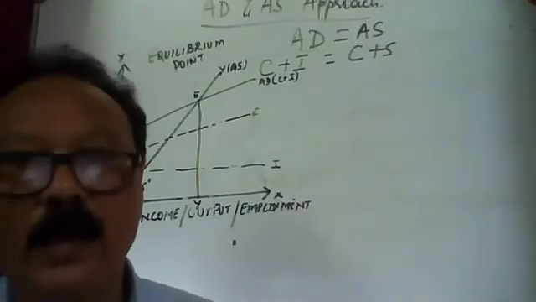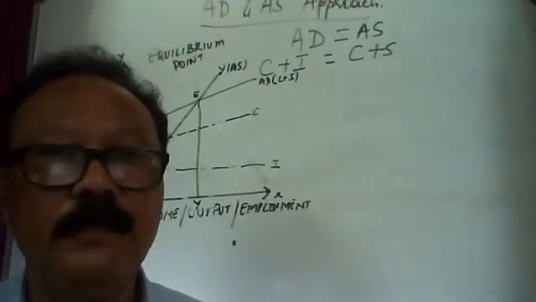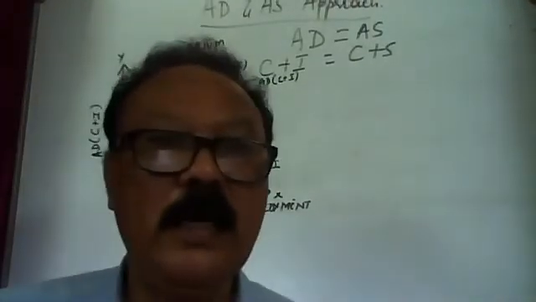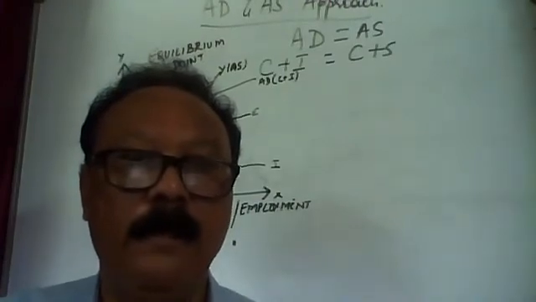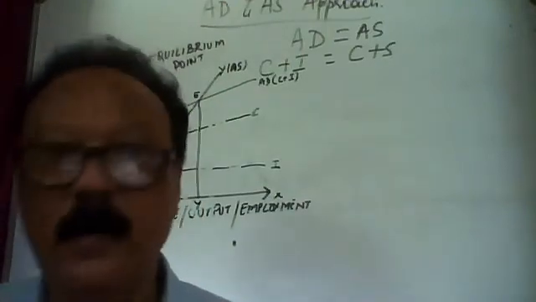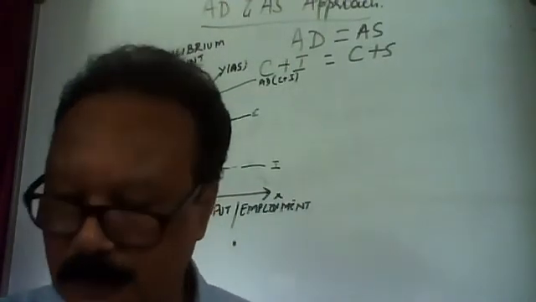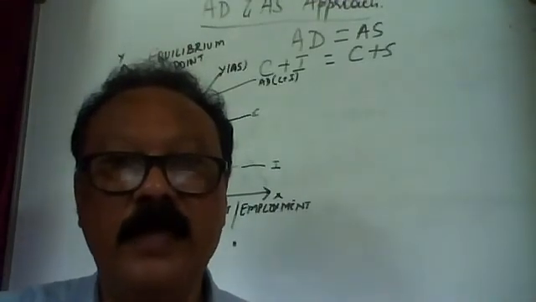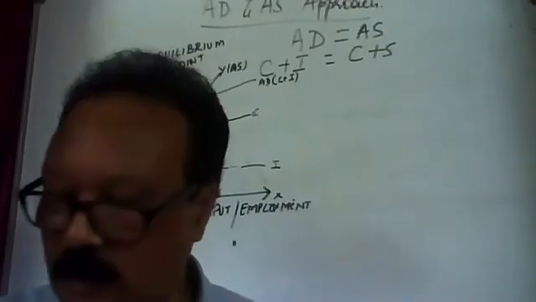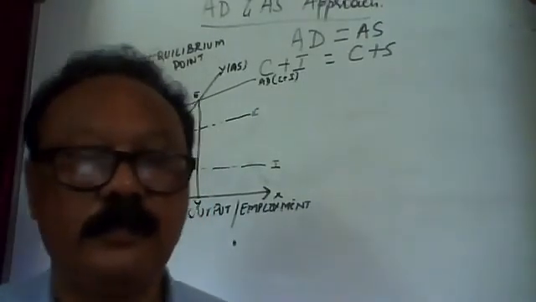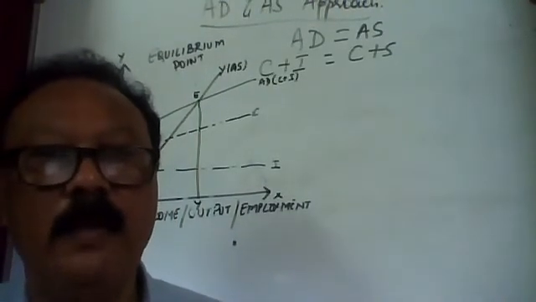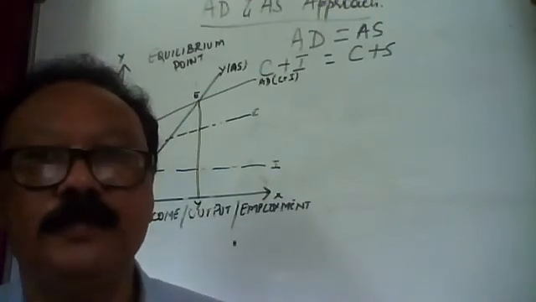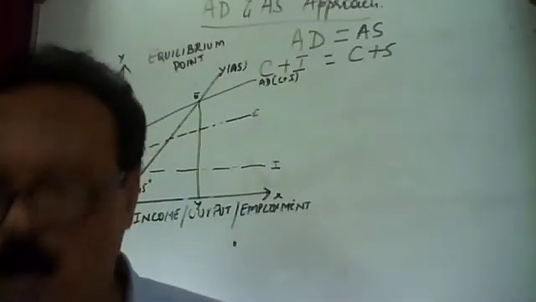Second, the AD curve is the vertical summation of consumption (C) and investment demand (I) schedules at each level of income.